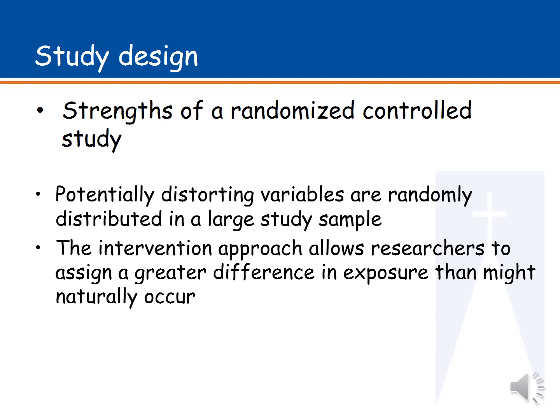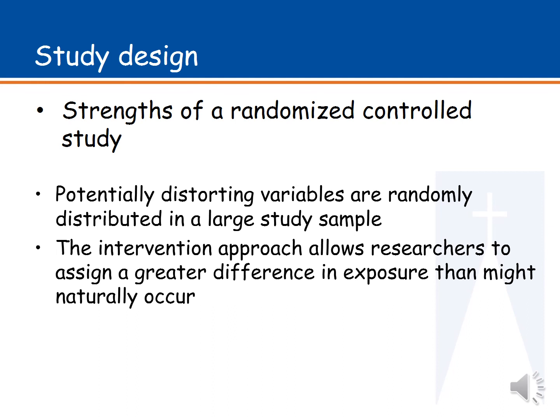The intervention approach also allows researchers to assign a greater difference in the exposure that might naturally occur. So you might say, well, we see in research a difference between people who have a high fruit and vegetable intake versus those who don't, but if you did an intervention where you really gave a certain level of exposure, like say, for example, a vitamin, beta carotene, you could give an exposure level that maybe people wouldn't naturally consume.